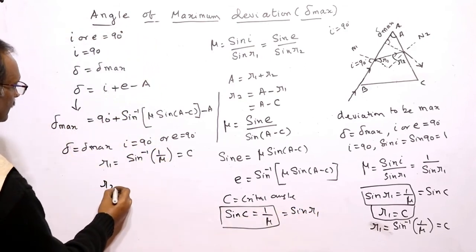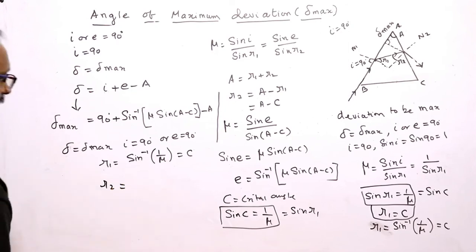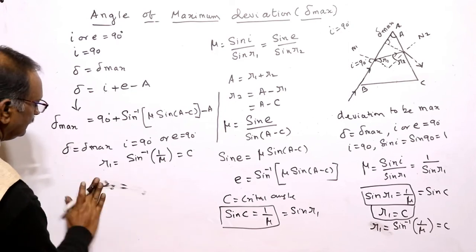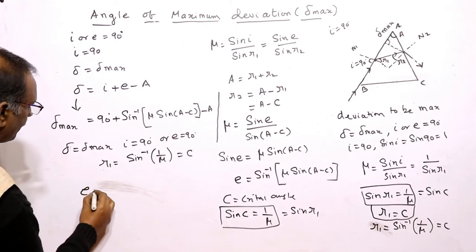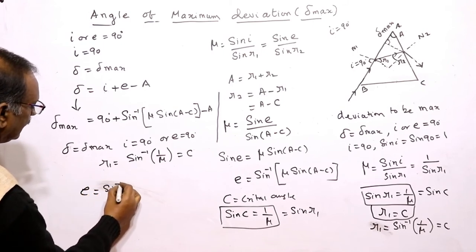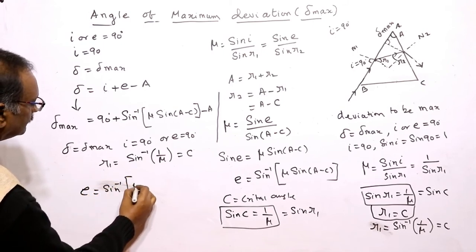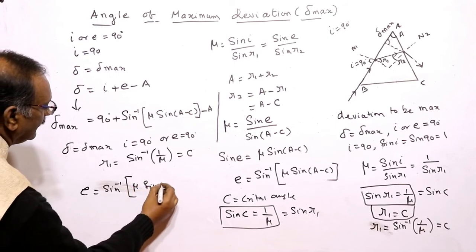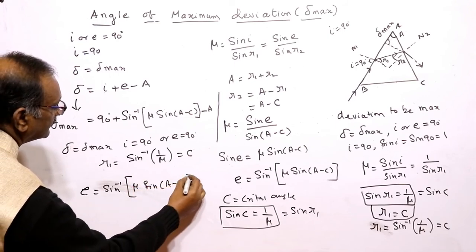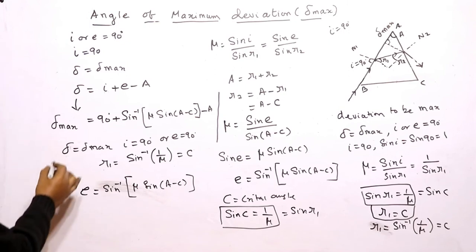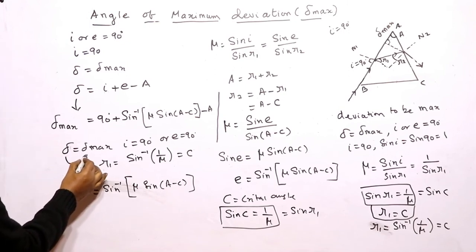And what is R2? E should be equal to sine inverse of mu into sin of A minus C. This is the condition for the angle of deviation to be maximum.